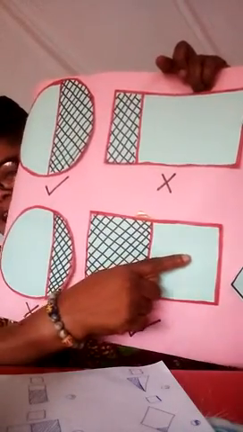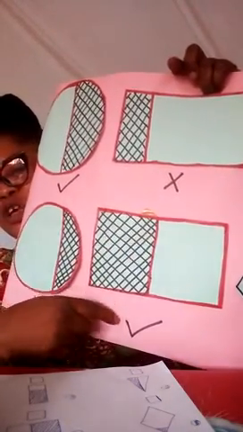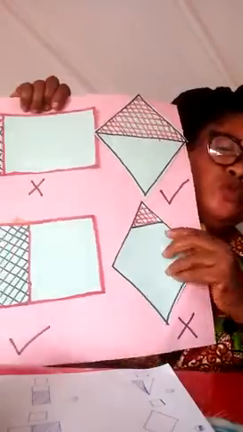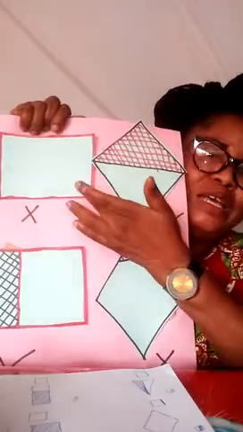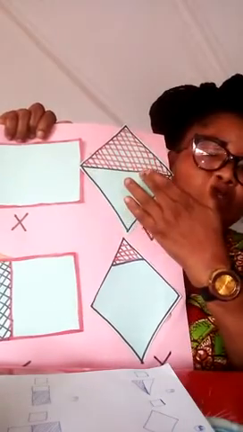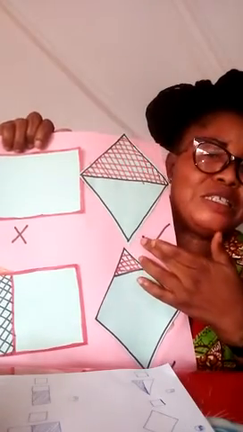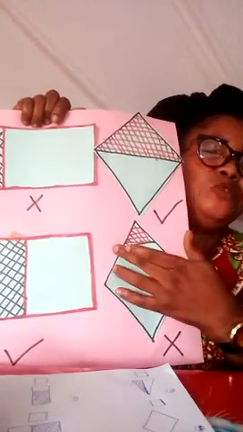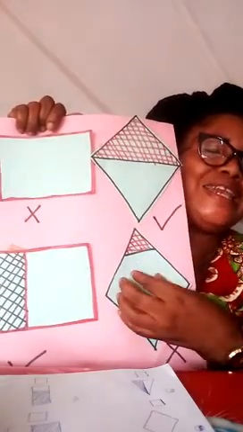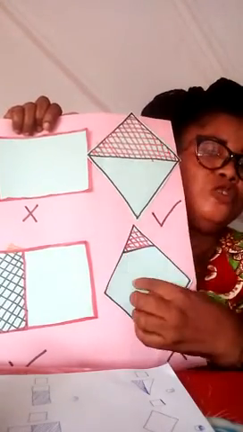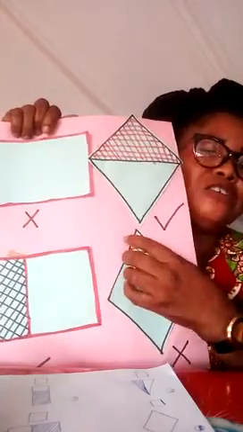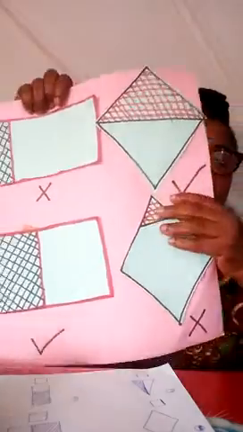This is a half, this is a half, so it is marked right. When we look at this shape too, it's the same shape. This is equally divided into two halves, so this is correct. And this one, looking at this one side is bigger than the other. So this cannot be called halves.